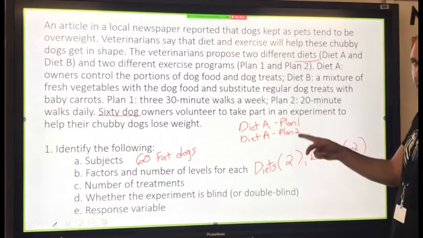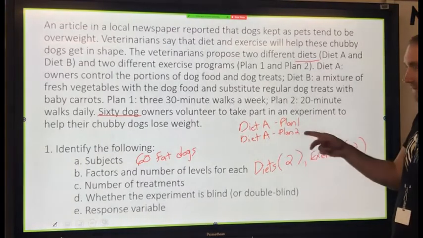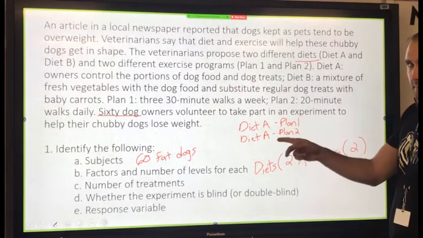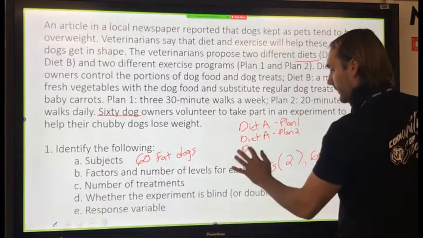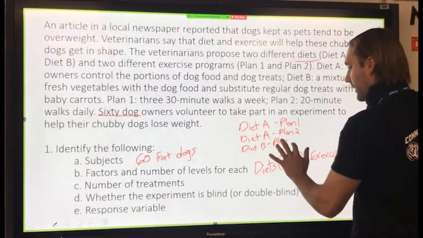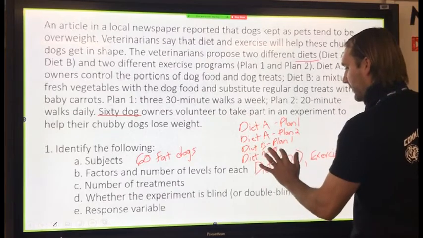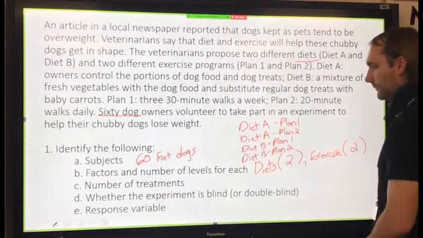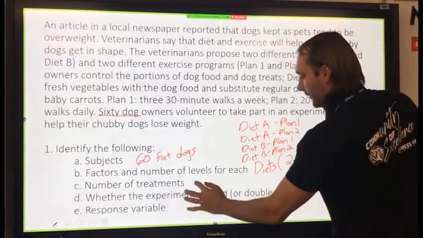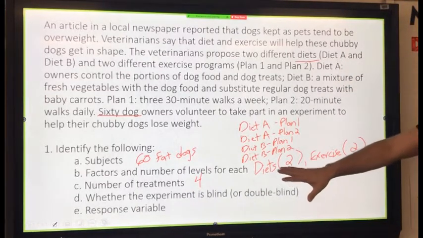What other kinds of treatments will I have? So Diet A Plan 1, Diet A Plan 2, Diet B Plan 1, and Diet B Plan 2. How many treatments will I have? Four. So there are four treatments. See how we're classifying treatments?